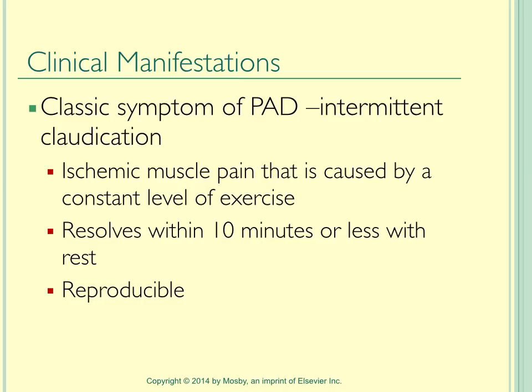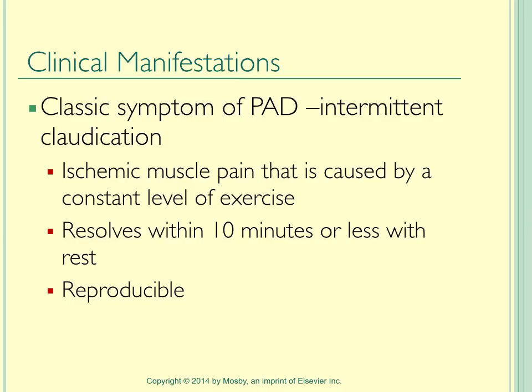The ischemic muscle pain is caused by a constant level of exercise. So once the patient stops exercising, and here it was walking, the lactic acid is cleared and the pain subsides. It resolves within 10 minutes or less with rest.